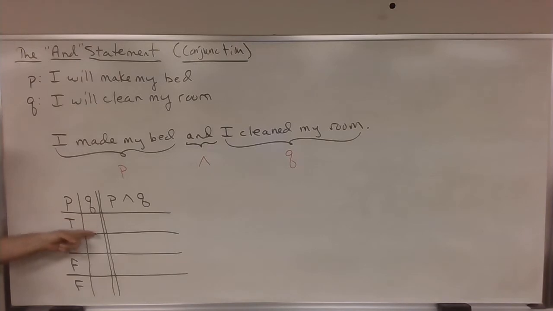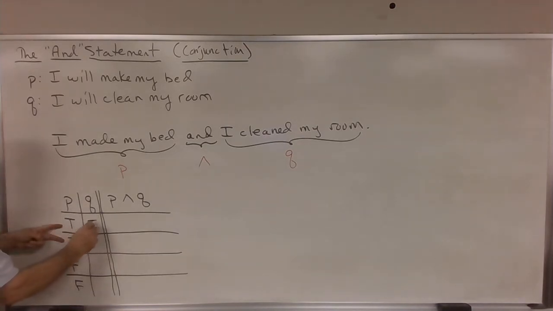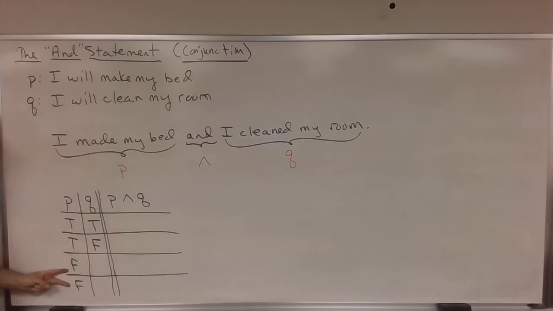And the reason we do this is because for each truth value of P, there are two different possible truth values of Q. If P is true, maybe Q is true, or maybe Q is false. So if P is true, these are all the combinations of truth values for both P and Q. But P might be false.